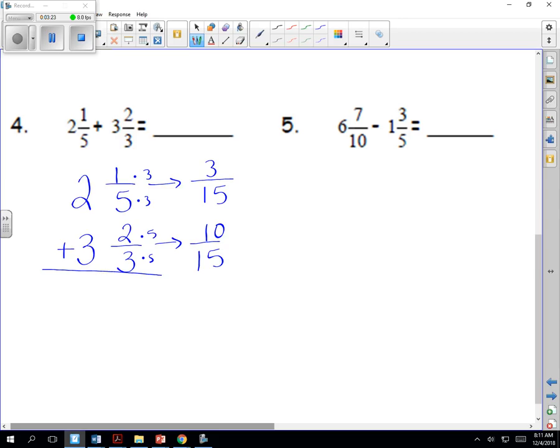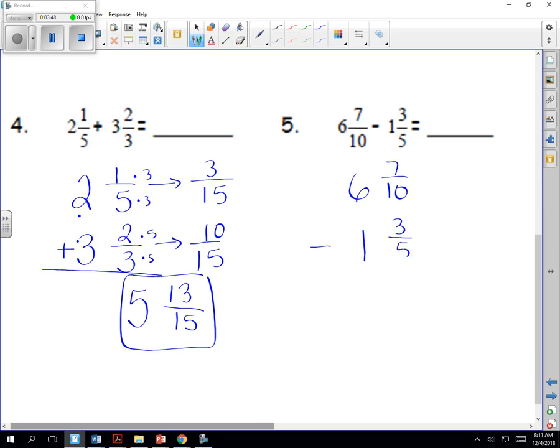We're going to add the whole numbers together, 2 plus 3 is 5. Add the numerators, so that's 13. The denominator stays the same. 13 15ths cannot be reduced, so that is our final answer. Same here, we have two mixed numbers, so we have 6 and 7 tenths, but we have subtraction, so we have minus 1 and 3/5.